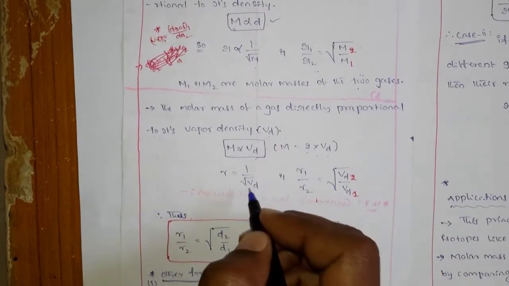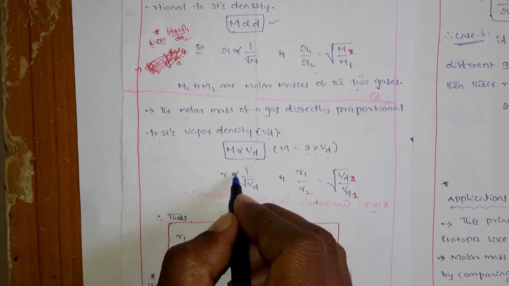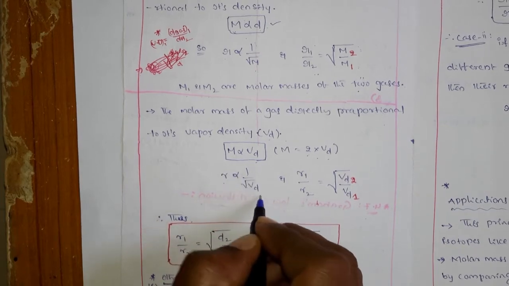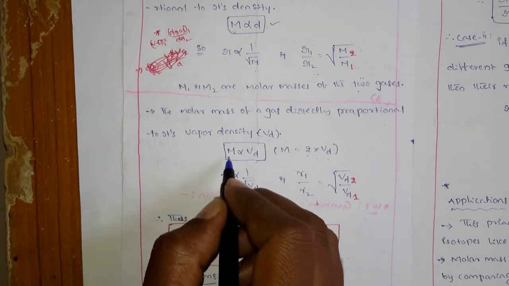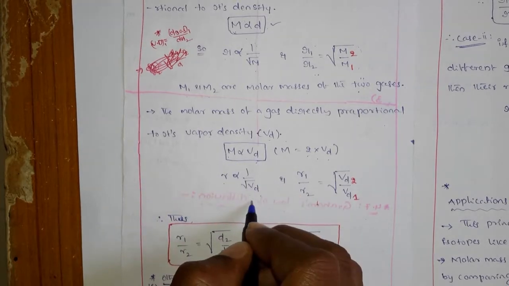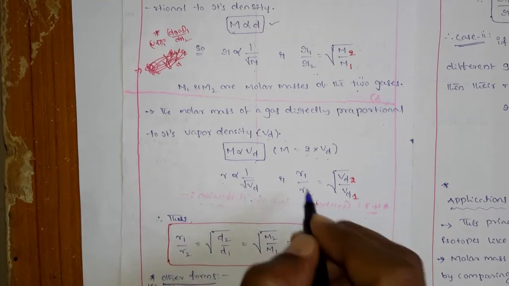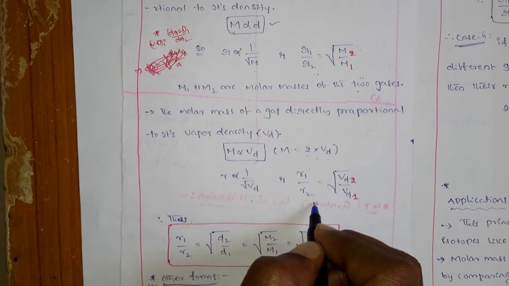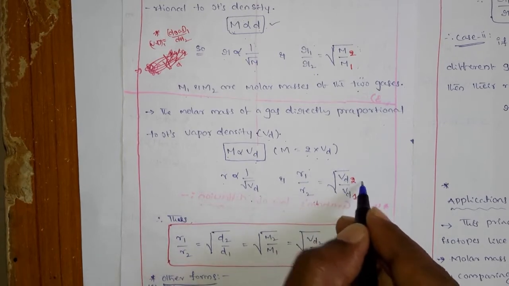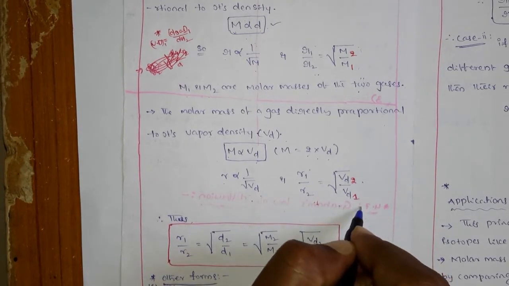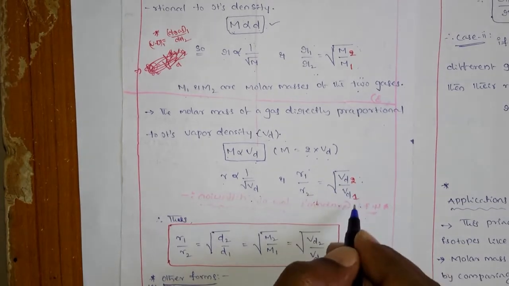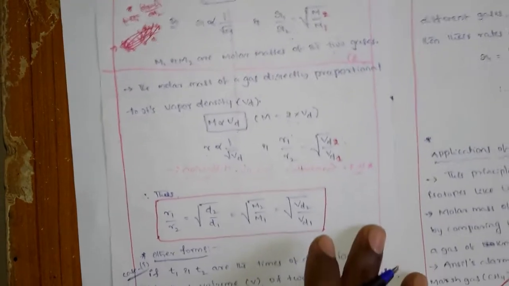So R is again directly proportional to 1 by square root of Vd. Very simple, instead of the molar mass you write Vd. That is, R1 by R2 is equal to square root of Vd2 divided by Vd1, the vapor density of the second gas divided by the vapor density of the first gas.